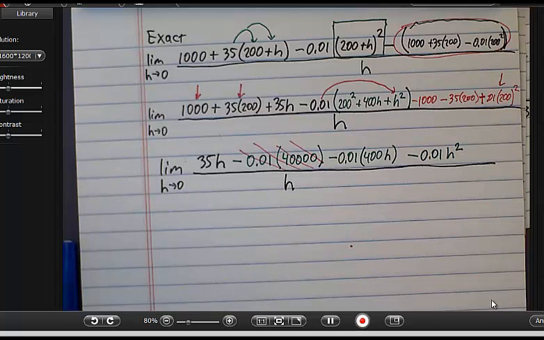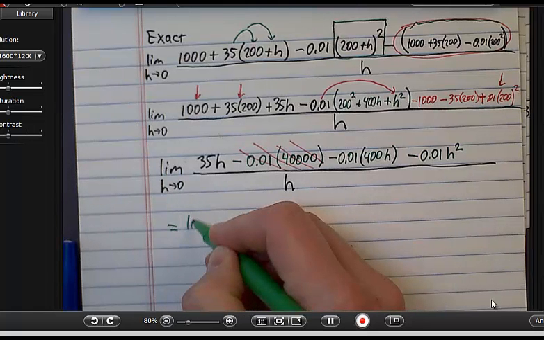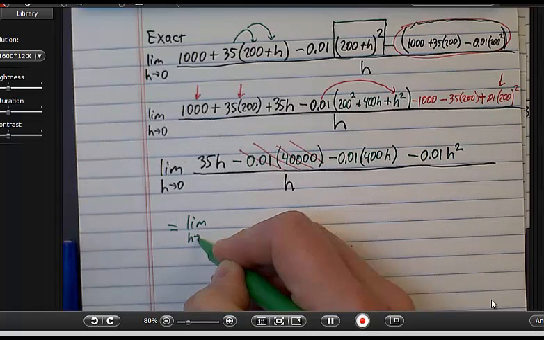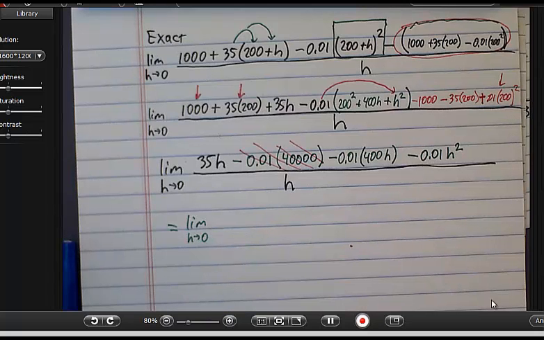Okay, now what? Well, we're going to compute a limit as h goes to 0 eventually. What would happen if I plugged in a 0 for h right now? You get 0 over 0. We have hope. Maybe we can actually do something here. So I'm going to factor out an h.